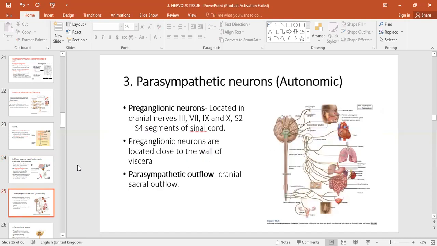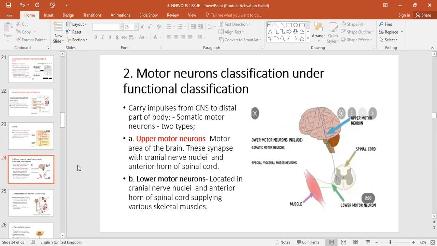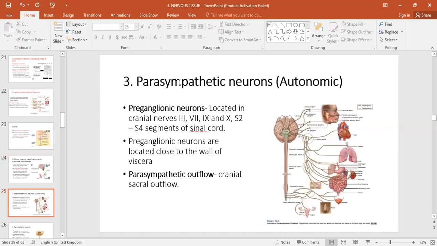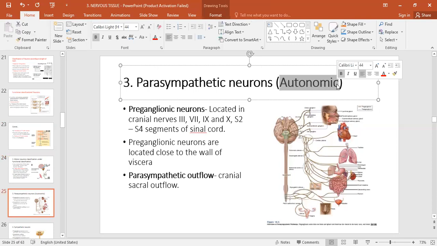Okay. We can also classify neurons as being parasympathetic or sympathetic. Now, under that division, we just look at, is this neuron involved in conscious control or subconscious control? So all neurons involved in subconscious control, we call them autonomic neurons.